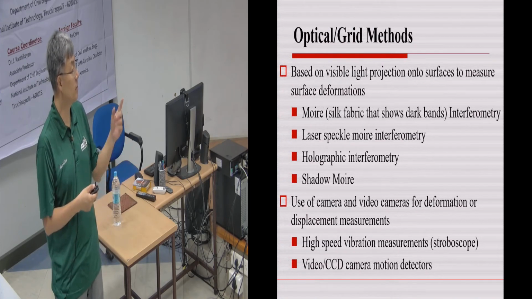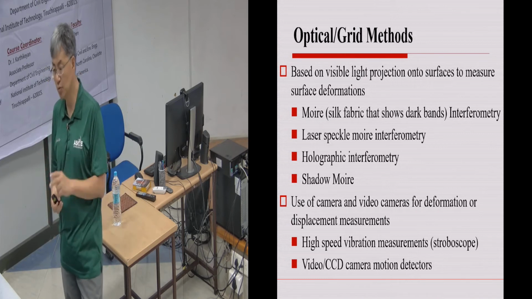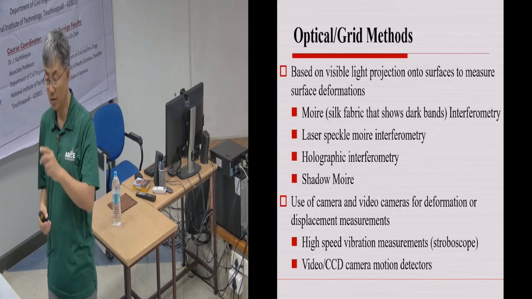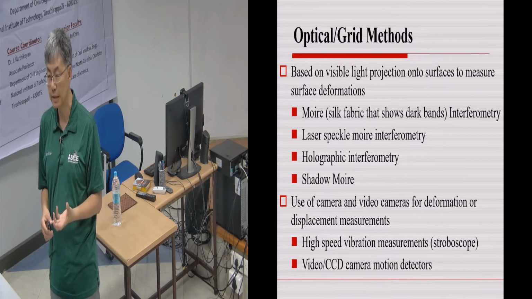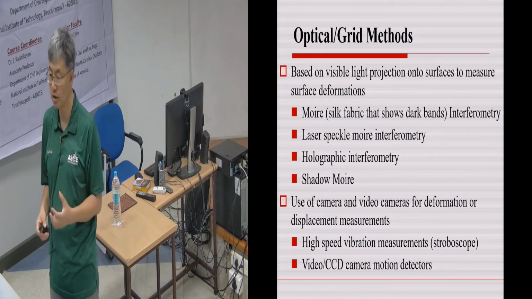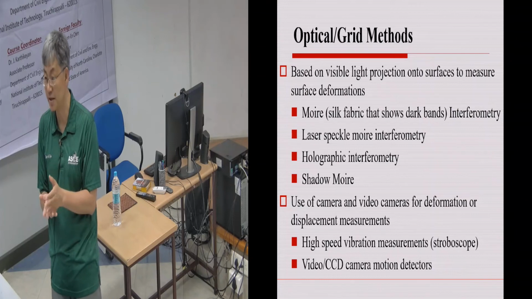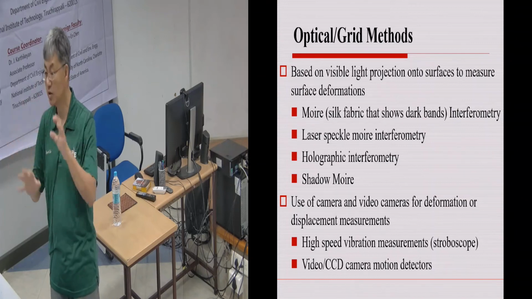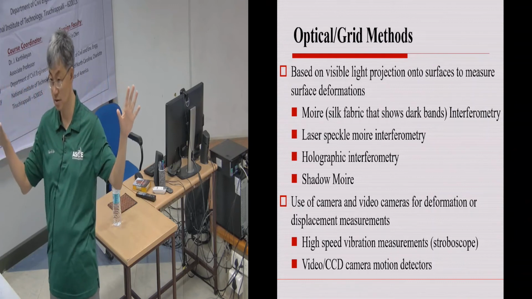And optical grid method. So this actually has 2 fields, and in fact, when we start talking about LiDAR, okay, we will be talking about many possible applications of optical methods. So optical methods only measure the surface of a structure, right?